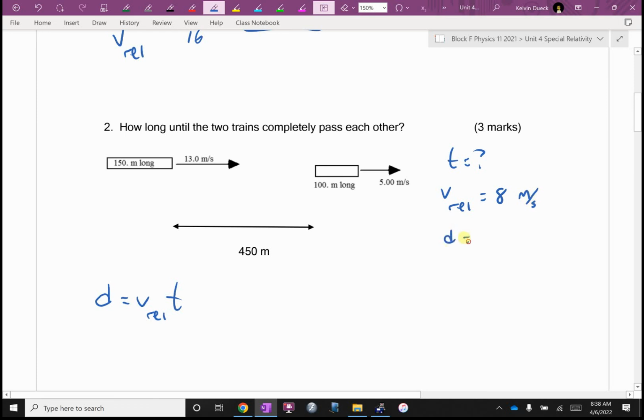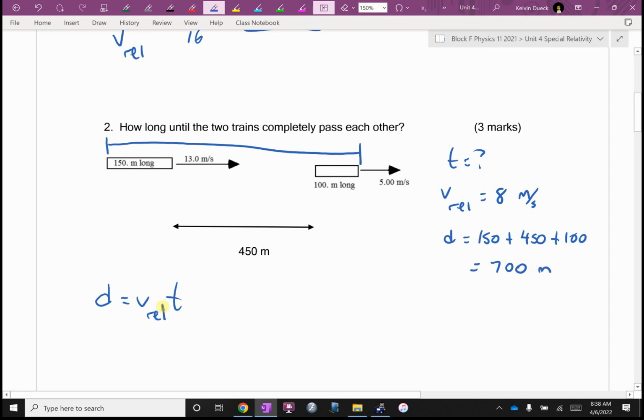And the distance, again, I'm going to argue that to get from there to there is what constitutes passing the train. I'm going to argue that the back train has to travel 150 plus 450 plus 100 meters. Let's see, what do we have here? 250 plus 450, I think that's 700 meters.